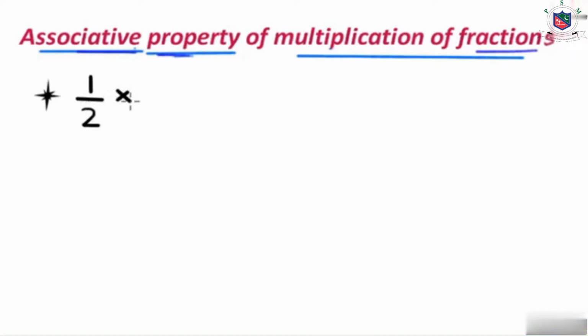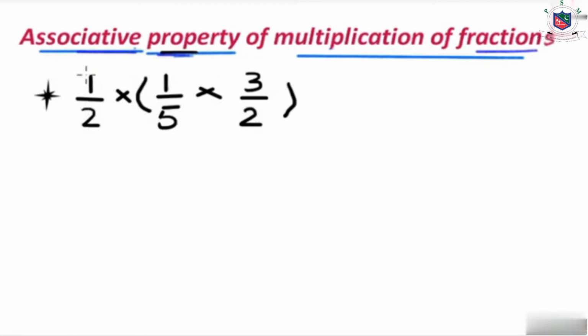Let's take the fractions 1 upon 2 multiplied by 1 upon 5 multiplied by 3 upon 2. So, here we are putting the brackets with the fractions 1 upon 5 and 3 upon 2.